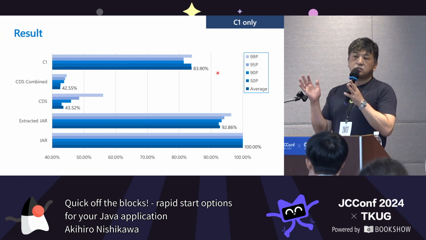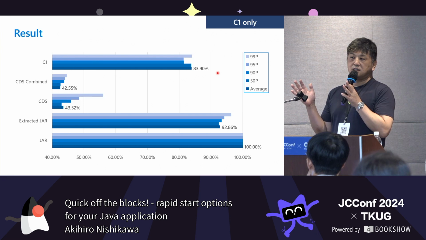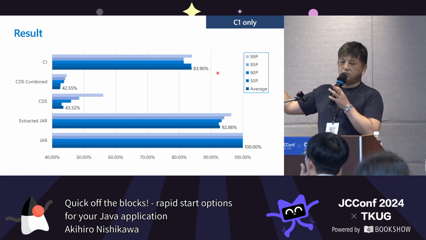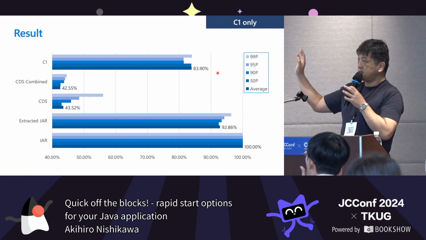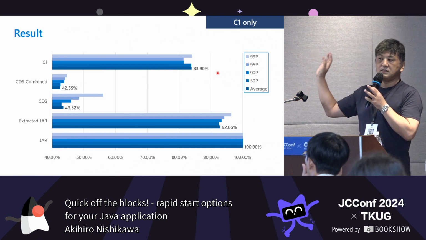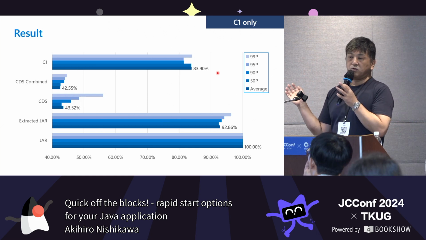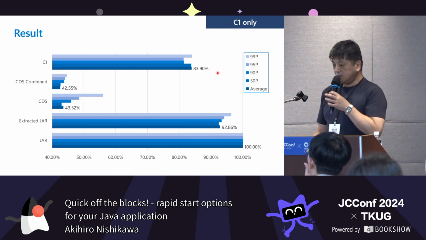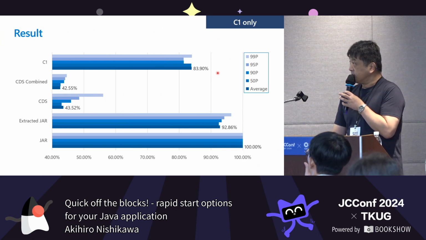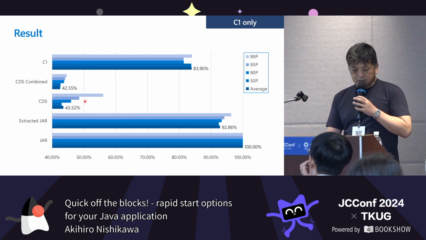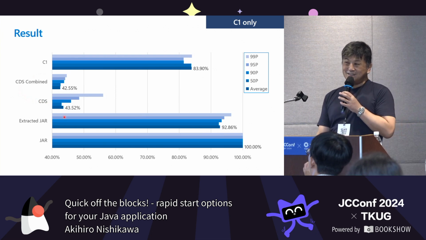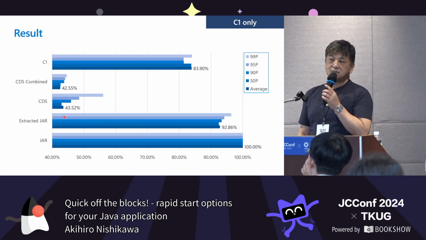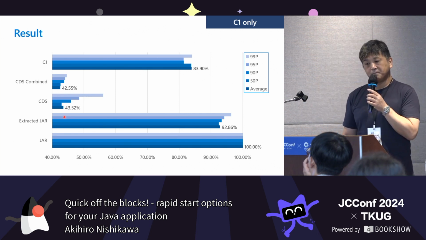So indeed, C1 only is better for super short-lived applications, but I'd like to ask you to use CDS to gain better performance than C1 only.